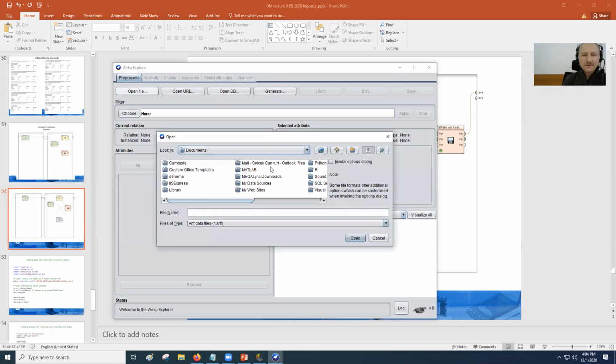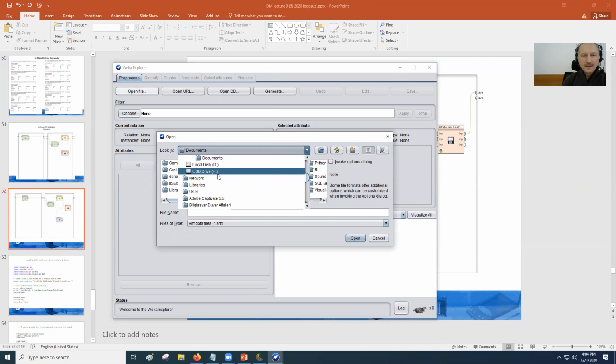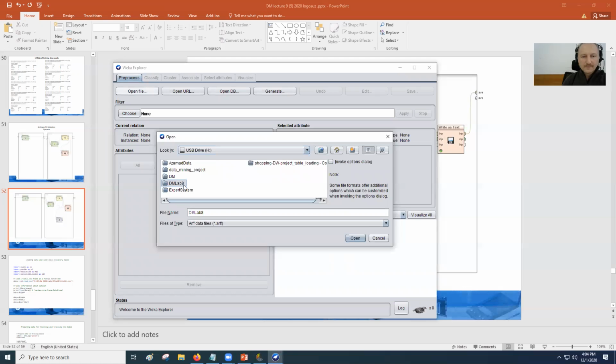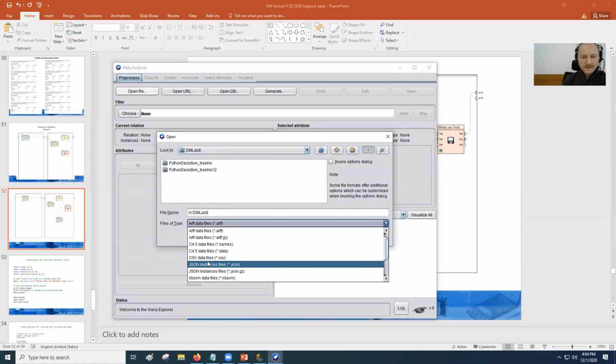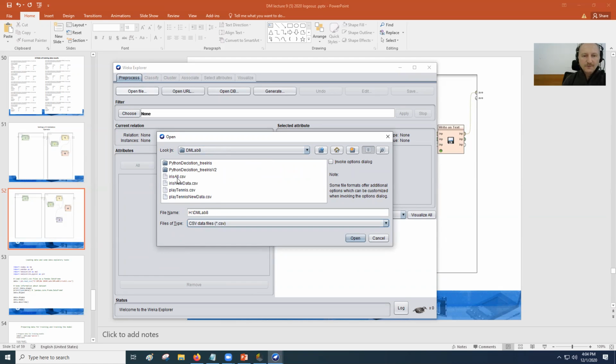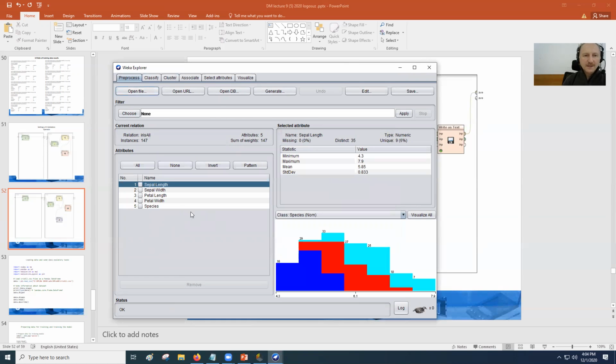Now let's do correct training. WEKA can work with a CSV file, not an Excel file, as we explained in the previous lesson.